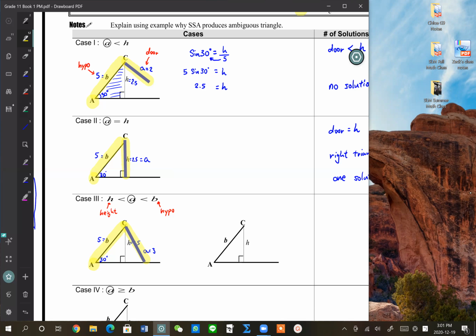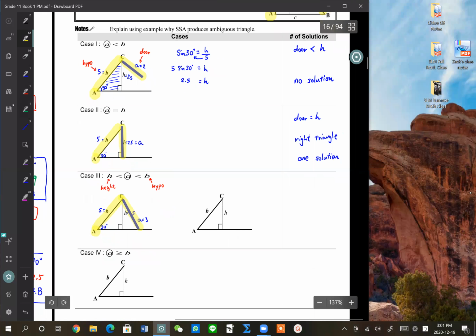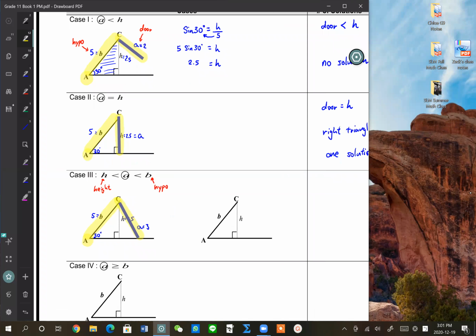So is that the only place I can put the 3? As you can see here, there are 2 possibilities, right? Is there another place I can place the 3 so it also makes a triangle? Keeping the 30 degree, keeping the 5, and keeping the 3, where should I put another side so it's a different triangle?